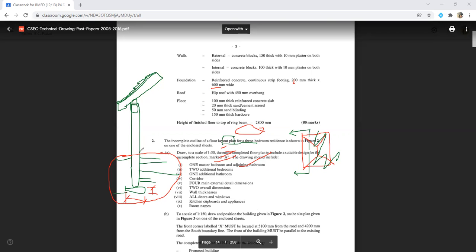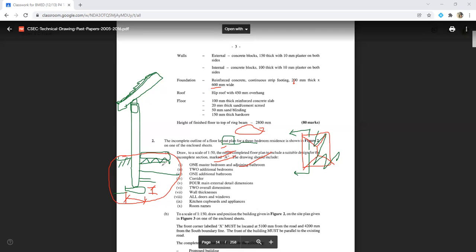The hard core is normally in line just above the ground level. So this would be hard core.